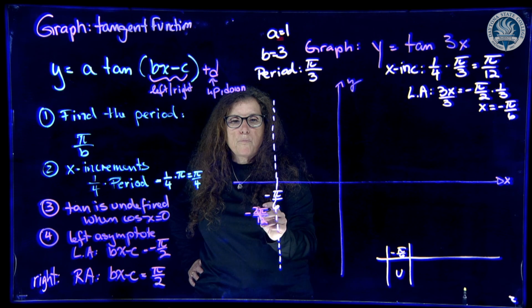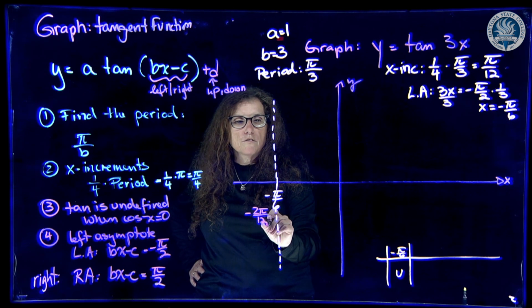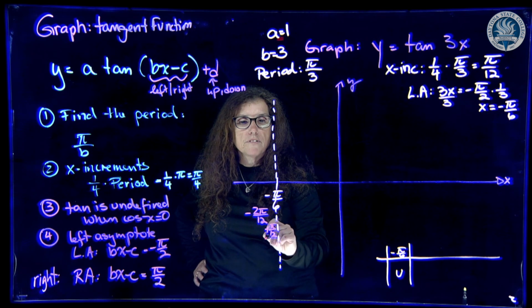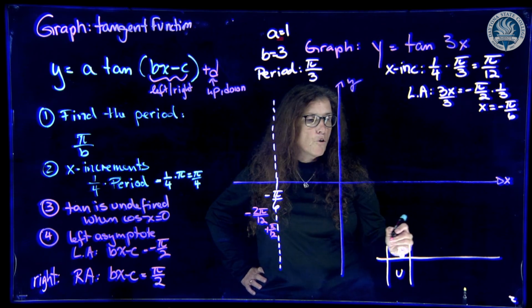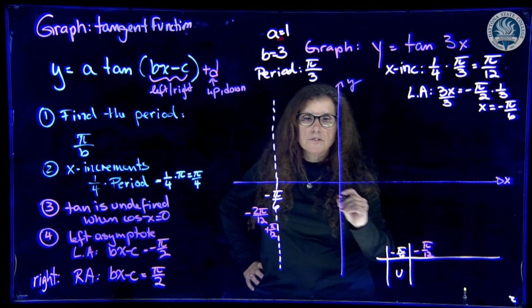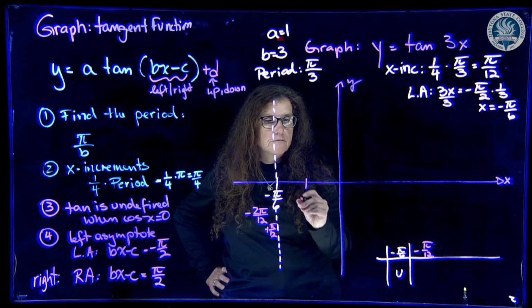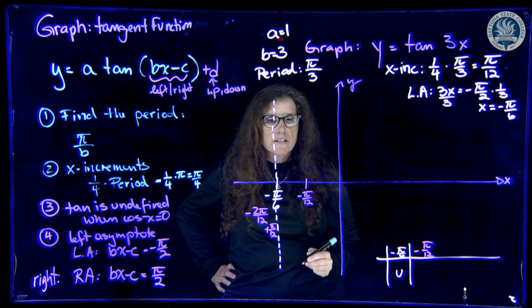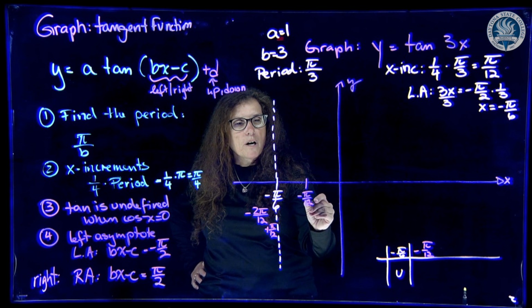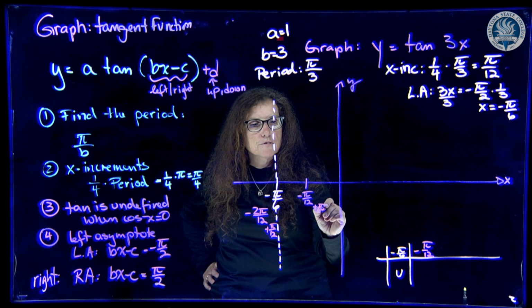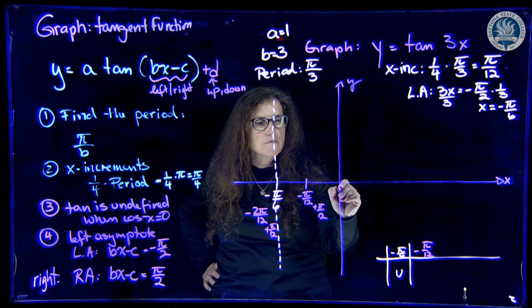So negative 2 pi over 12 plus our first increment, pi over 12, is negative 1 pi over 12. So that's sort of somewhere here in the middle. Then we take the negative pi over 12 and we add another pi over 12, which gives us 0.